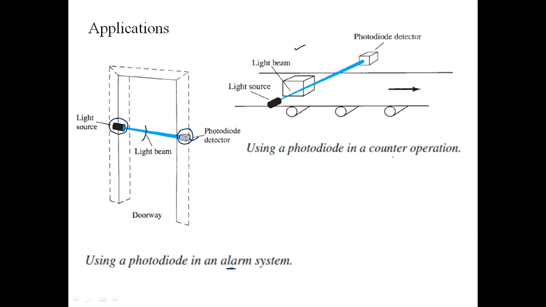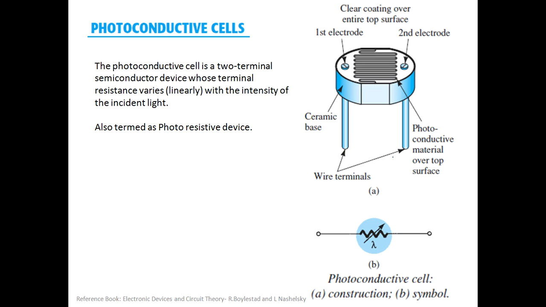So as the luggages they just move, they just cross the light section, the counts will be updated, like 1, 2, 3, 4, in that way. Okay, fine. So these devices find many applications, especially in security systems. Okay, fine.